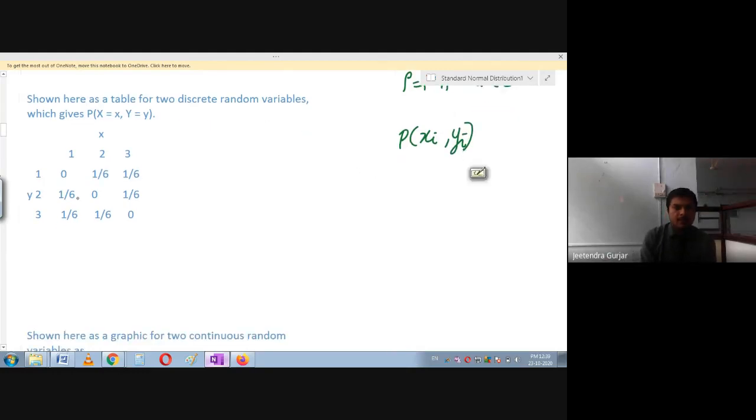Now see in this table, students, we have taken X with three values x1, x2 and x3. Similarly we have Y values y1, y2 and y3. So three values we have taken here. In this, the X and Y values are correlated.